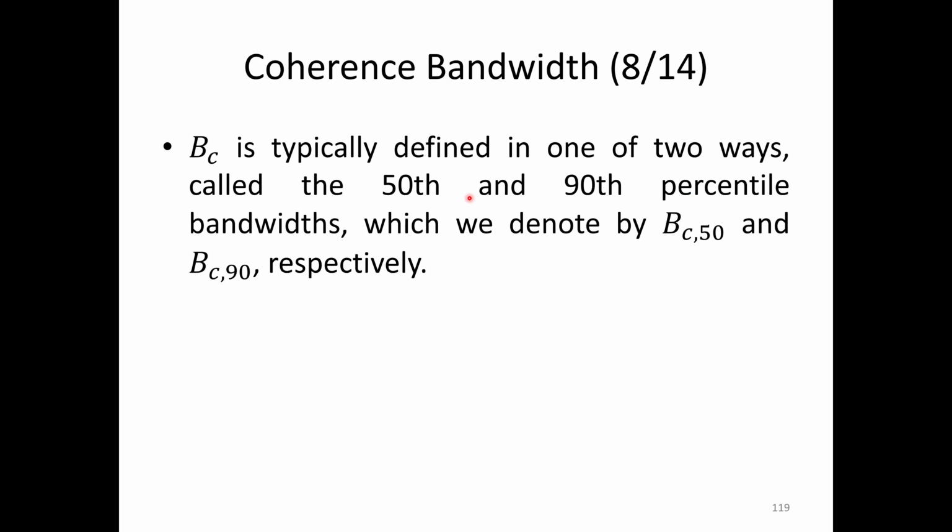BC is typically defined in one of two ways, called the 50th and 90th percentile bandwidth, which we denote by BC50 and BC90 respectively.